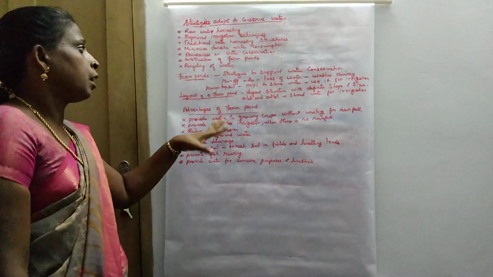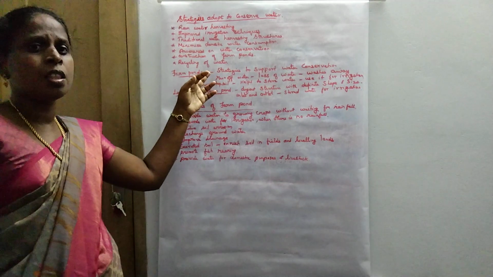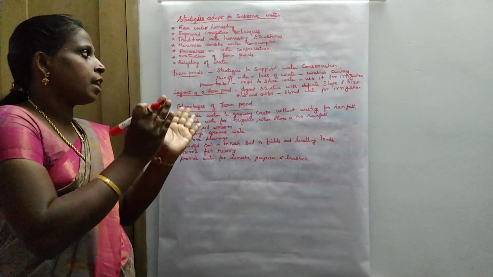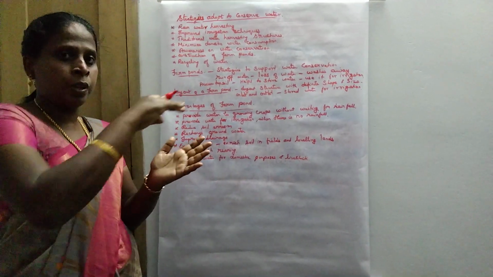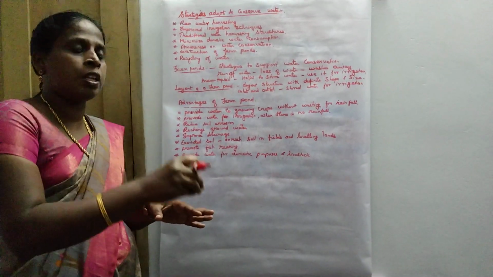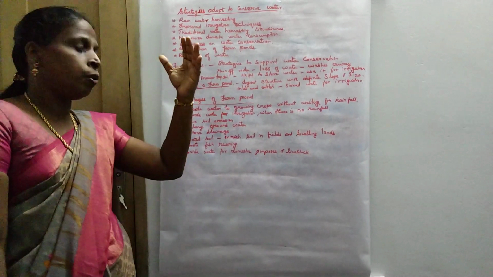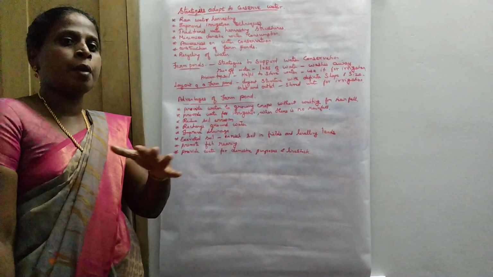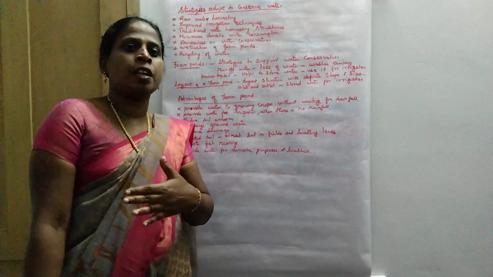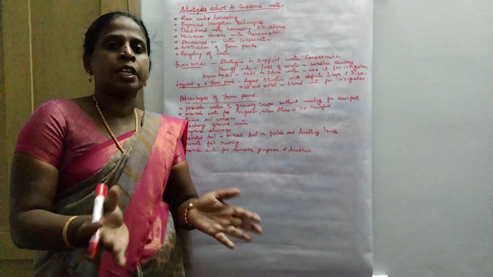What is a farm pond? It is one of the strategies to support water conservation. The farmers dig out a pond in their field and store the water in that pond. During rainy season, during rainfall, more water runs off and the water may get lost. Also it washes away the top soil.